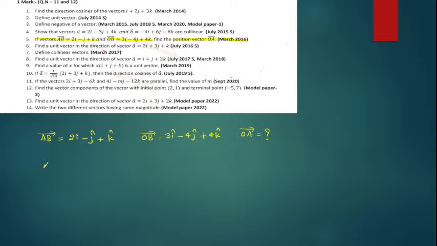See, we already know that AB vector with reference to origin can be written as OB minus OA. A simple trick: if I write XY vector, you write simply OY vector minus OX vector. So simply AB can be written as OB minus OA vector.